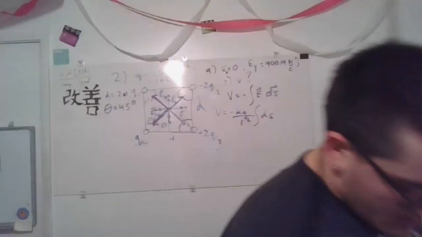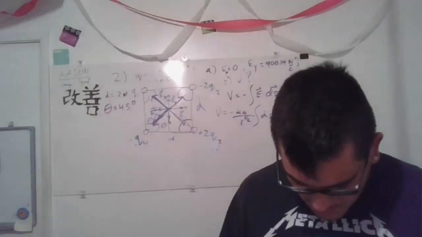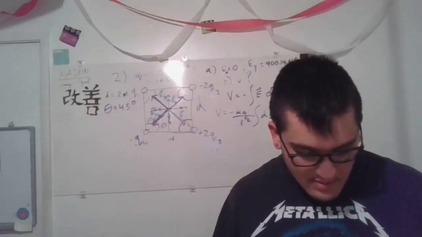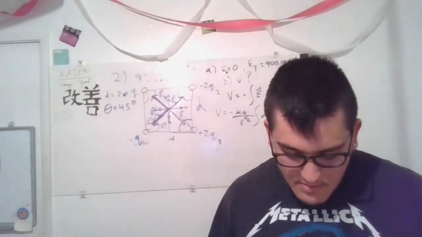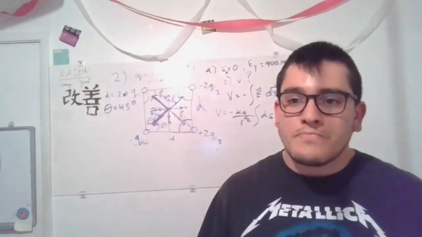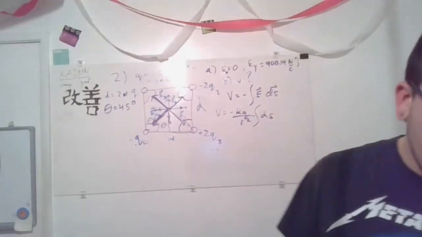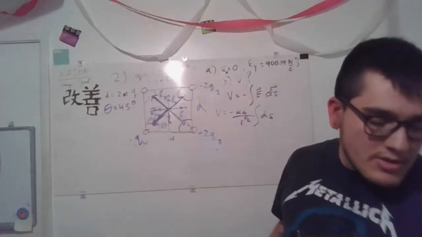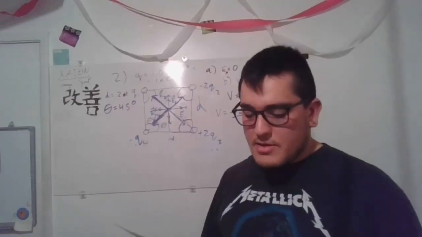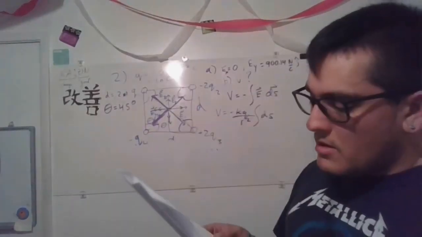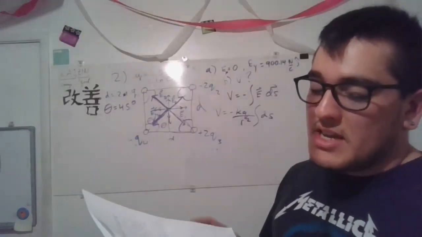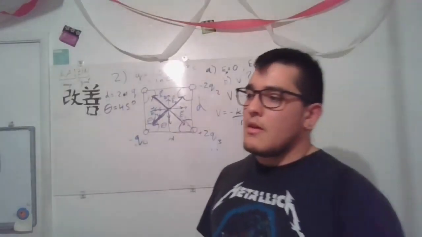Oh, this is a good question. What's the electric potential at the center of the square? Okay, so there are two ways to do this. The thing I want to point out here is part C of this problem says how much work is required to put the four charges together as indicated in the figure.